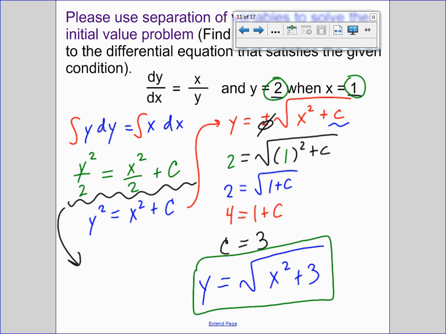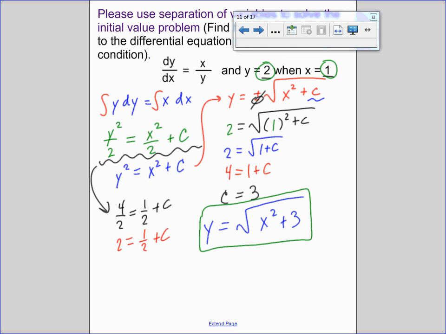Ready? What goes in for y? 2 goes in for y. So 2 squared is 4 halves equals 1 squared over 2 is 1 half plus c. So 2 equals 1 half plus c. And 1 1/2 or 3 halves equals c.